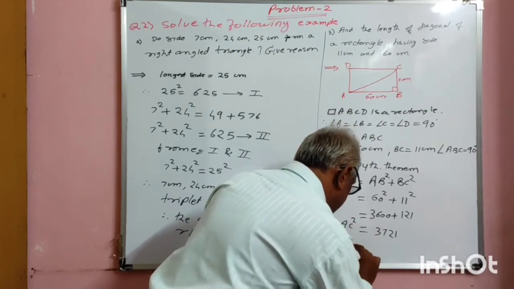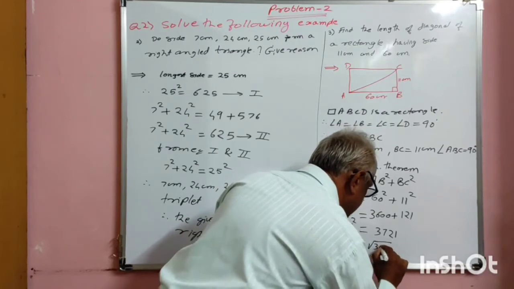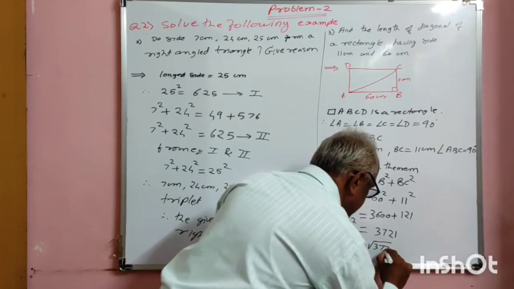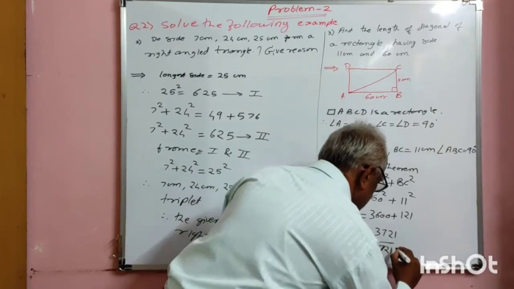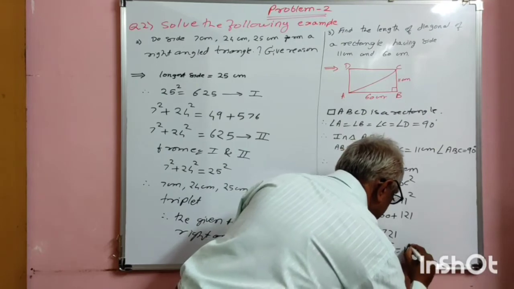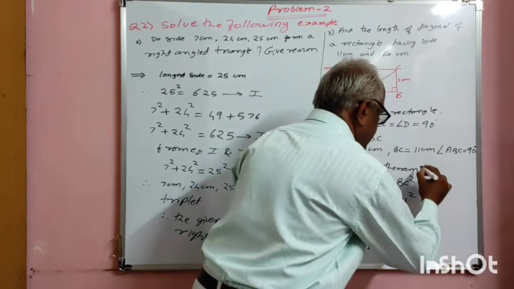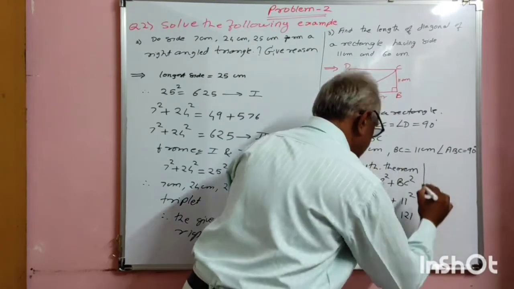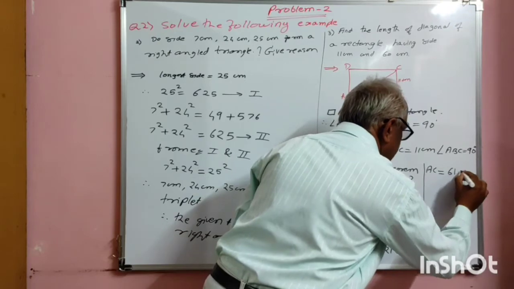Taking square root on both the sides, AC square is equal to under root 3721, which is equal to under root 61 square. Therefore AC is equal to 61 centimeter.